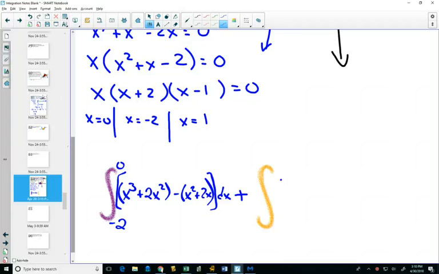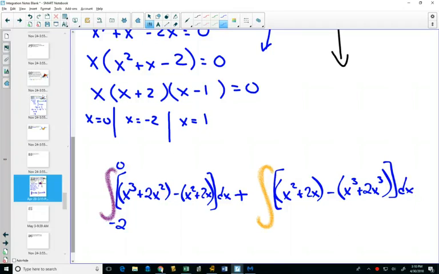And in the second one, it's the parabola first minus the cubic, and that one runs from 0 to 1.